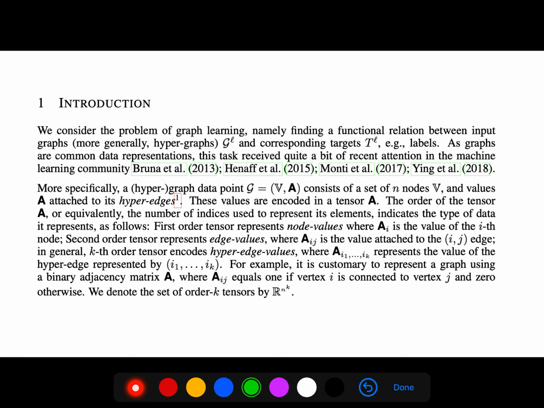So we consider the problem of graph learning, namely finding the functional relationship between input graphs and corresponding targets. As graphs are common data representations, this task received quite a bit of recent attention in machine learning.